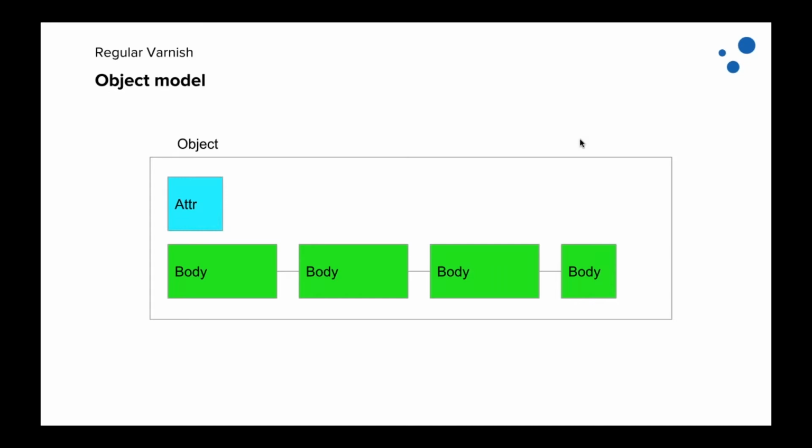But there is another part of the object, and that's called the attributes. The attributes are extra sets of data that also belong to the object, the majority of which will be the object headers. So all of the object headers, all of the extra data, metadata if you will, of the object that was received from the backend or created during VCL execution, gets stored as this attribute set that also goes with the object.